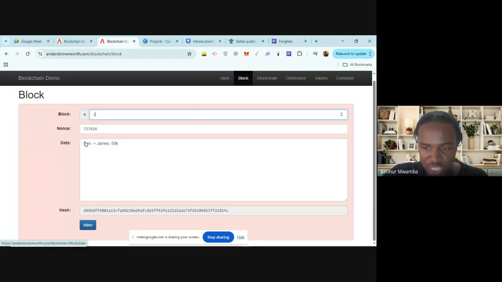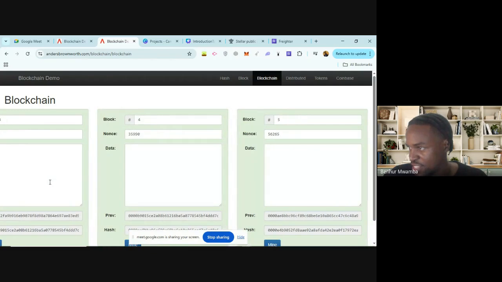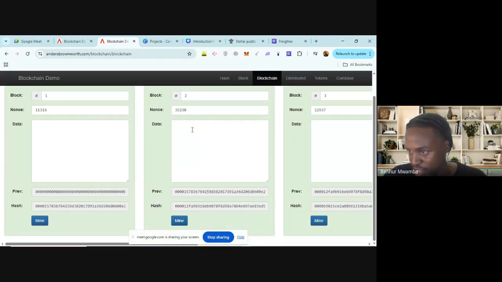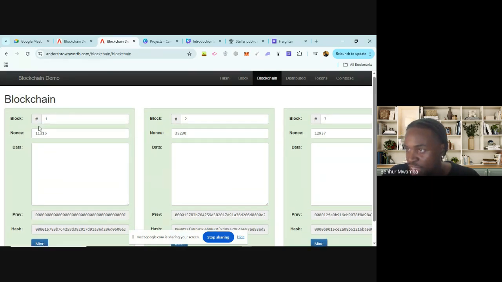Yeah, so now let's move to blockchain. Now we understand what a block is, so we're going a level further. Here you see there's a chain of blocks. Something you're going to notice is that we now have an extra field: block number, nonce, data, and then previous hash.